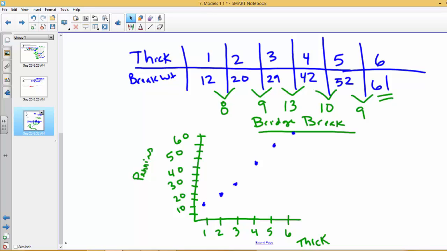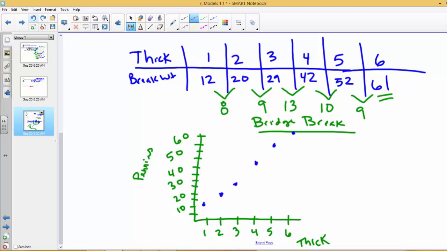Okay, now you might think that this is a curve, and that's okay. You might see that this curves up. It does kind of go back down, so I don't know. And you might think that it's linear, and that's okay too. So whatever pattern you are seeing, you're going to draw the best fit line or the best fit curve.